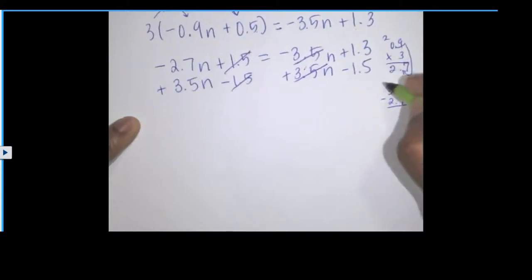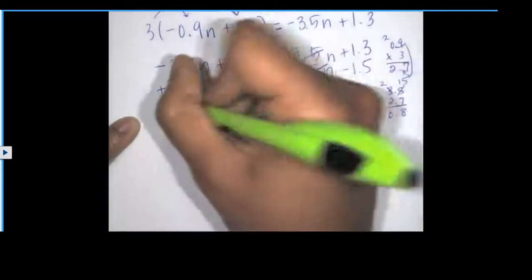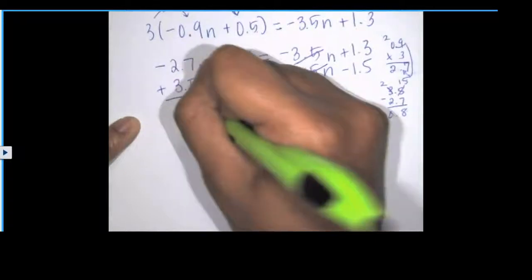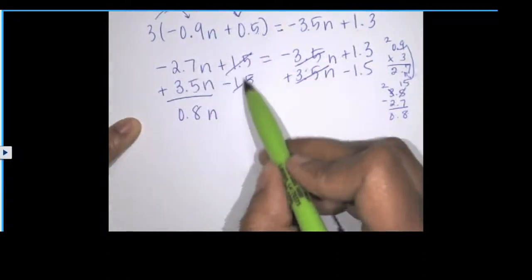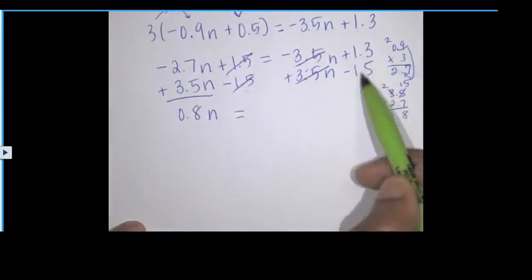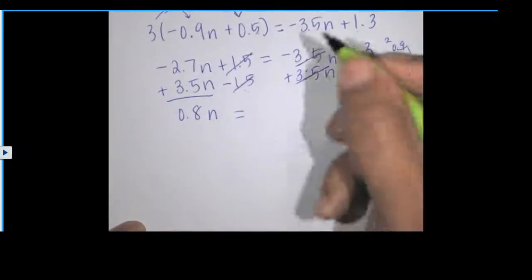So we're going to borrow from the 3, make it a 2, make this 15. So this becomes 0.8 because 15 minus 7 is 8, and then 2 minus 2 is 0. So this is going to be a positive 0.8n. This is gone from the left side, so we'll put our equal sign, and then we're going to subtract these 2 and get negative 0.2.